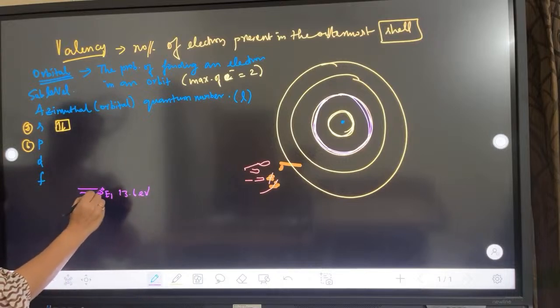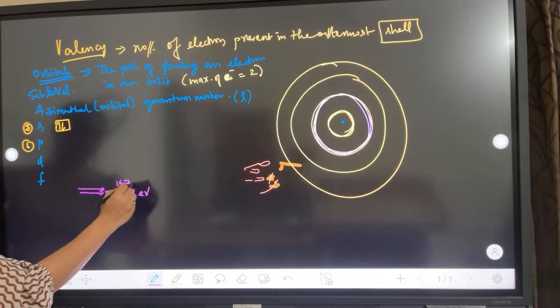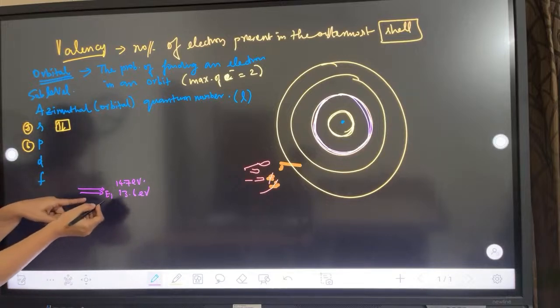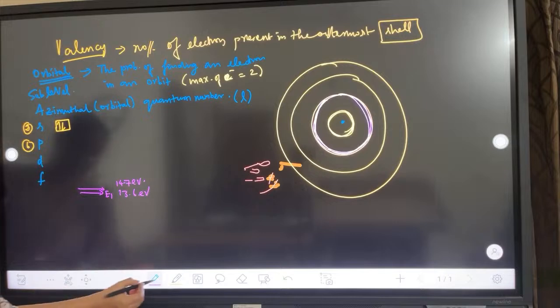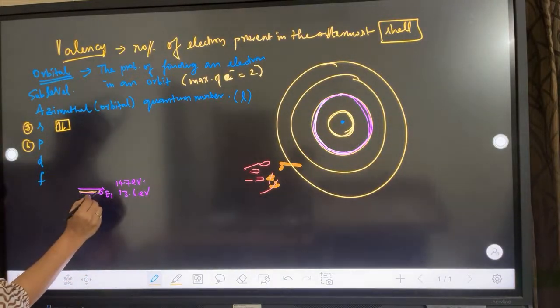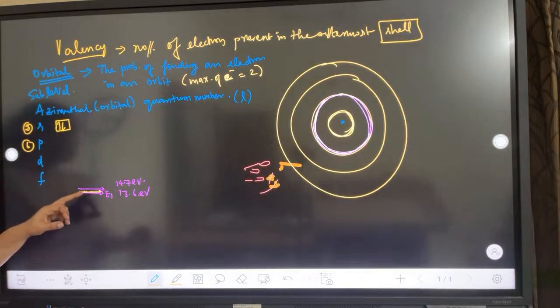This is the second energy level, 14.7 electron volt. Like this, understood? Suppose it is 13.72, then it will be here. Understood or not? Different energy levels.